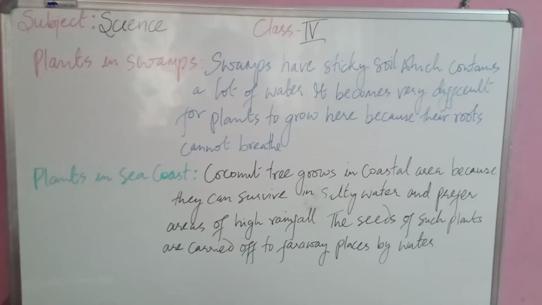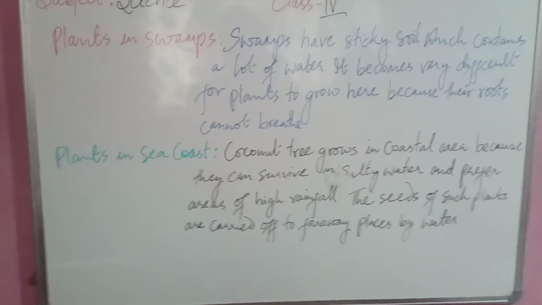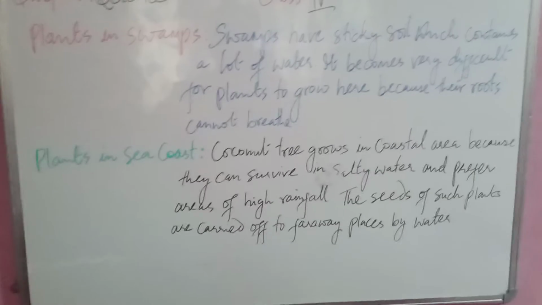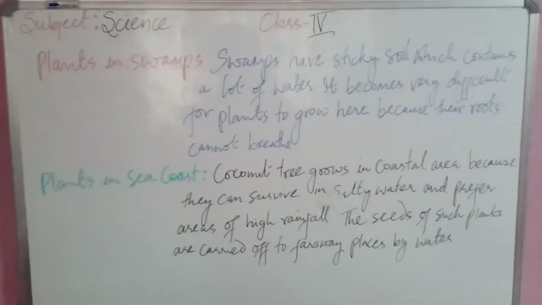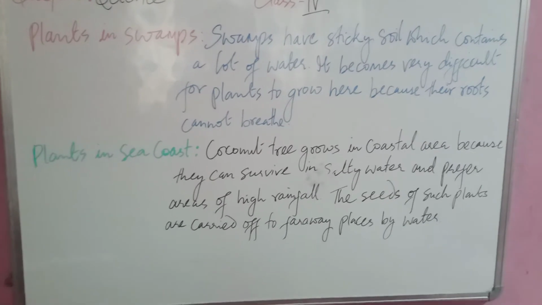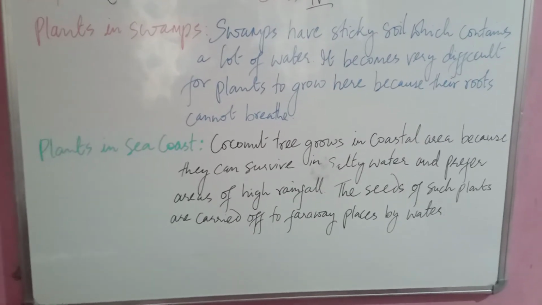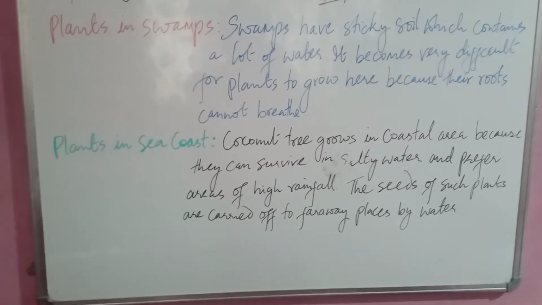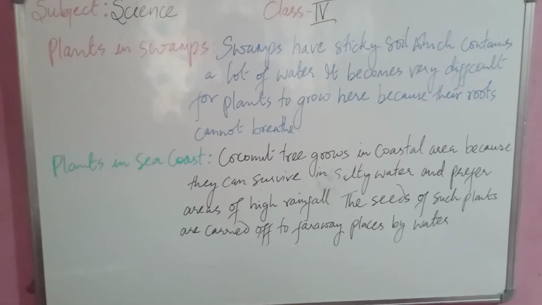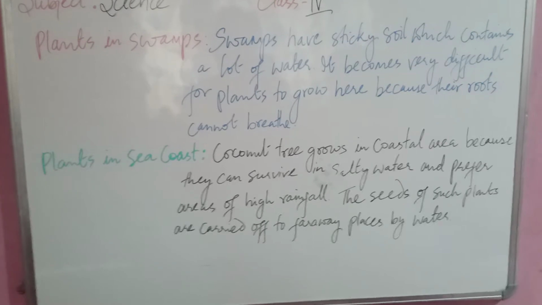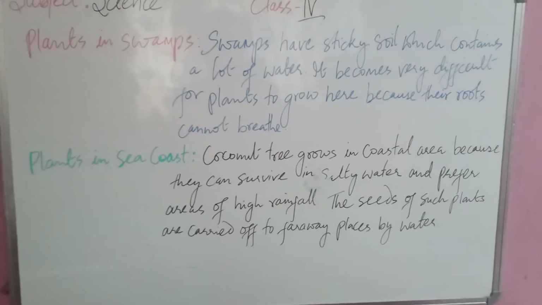Okay, so the next plant we can see on land is the plant on the sea coast, or we can say sea area. Coconut trees grow in coastal areas because they can survive in salty water and prefer areas of high rainfall. The seeds of such plants are carried off to faraway places by water.